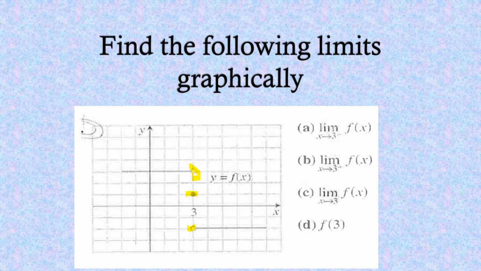Another thing I need to remind you of is some notation. In this first problem, we notice x approaches 3 from the left. When you have the limit as x approaches 3 with a negative sign, that means from the left.